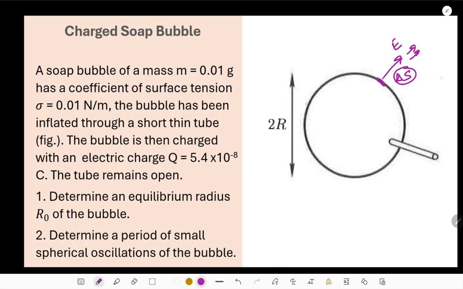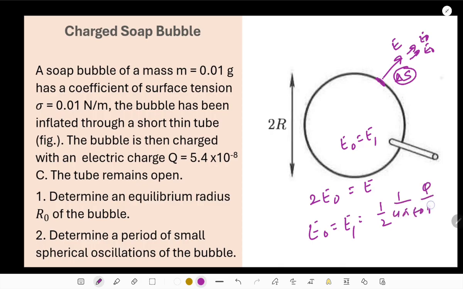If I call their values E0 and E1, both are the same. From your electrostatics books, twice E0 is equal to E. That means E0 equals E1, which is half of 1 by 4 pi epsilon naught Q by R square.